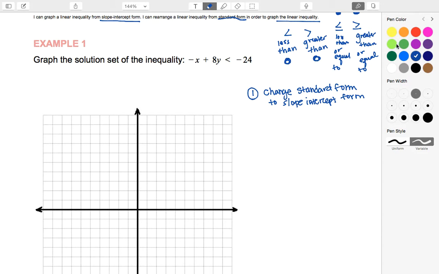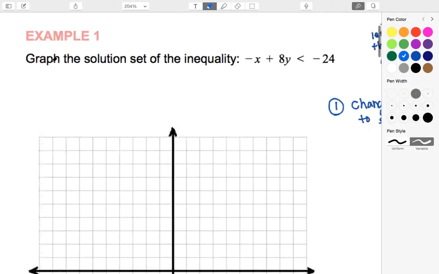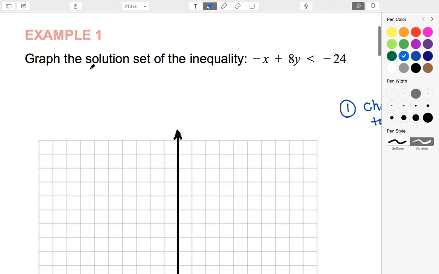Okay, so I'm going to go ahead and do that here in this bright blue. I'm going to zoom in a little bit. This is our first step. So we have negative x plus 8y is less than negative 24. I'm going to change this to slope-intercept form by isolating my y variable.